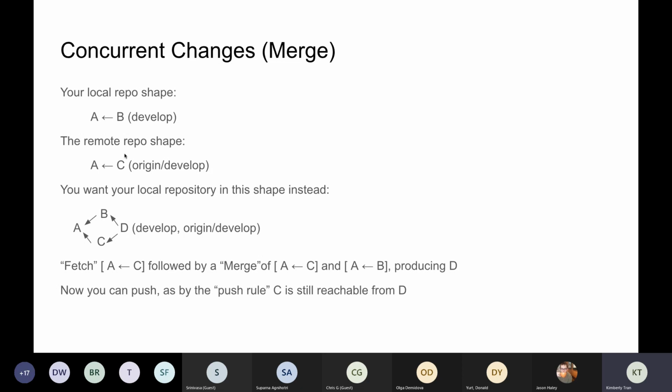So a git pull, I'm sure you've seen this before, is a combination of a git fetch, meaning fetch will bring down A, C, and then merge will then combine A, C and A, B here into this new commit D. And then now both develop and origin develop will point to D. And now you can push this. You can push it now because by the push rule, C here, which is the original commit, is still accessible from D. So Git will allow this push.